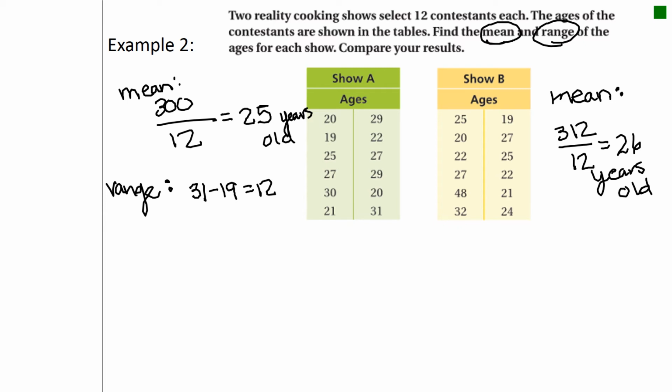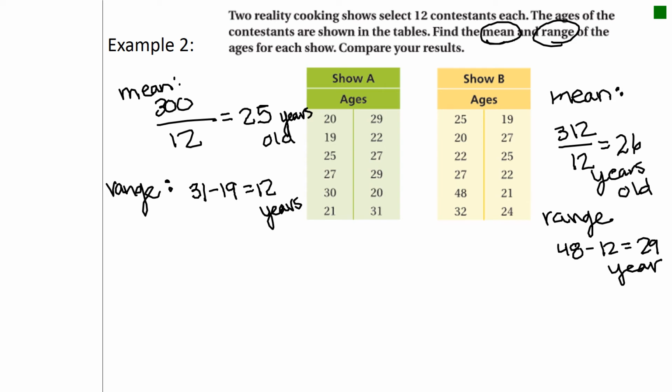So 12 years is the range. The range for the second one: the highest is 48, and the lowest is 12, and 48 minus 12 is 29 years.